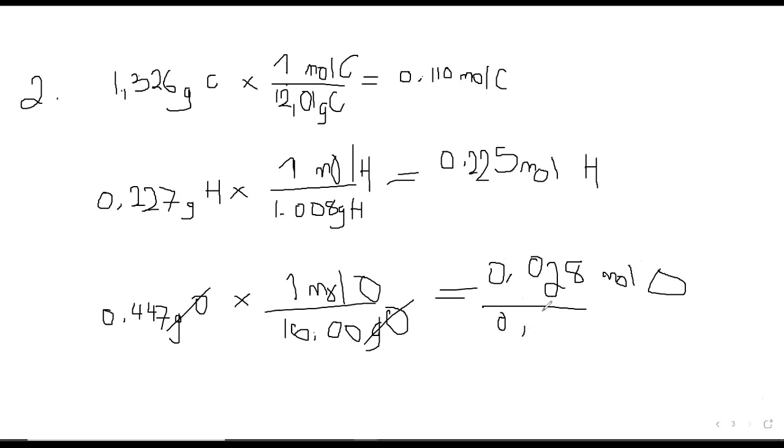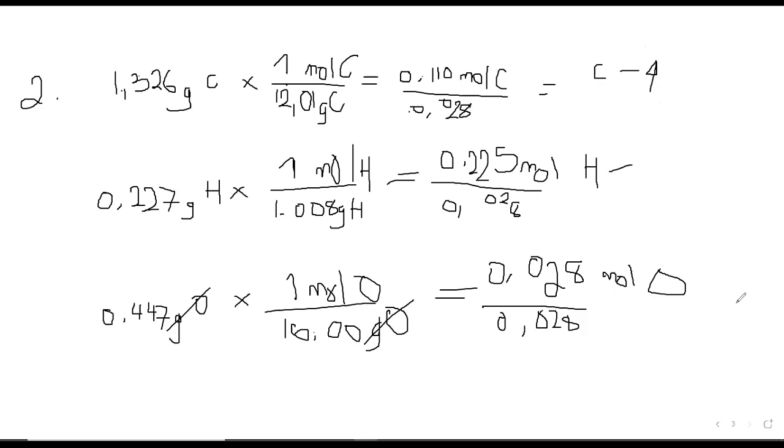So we divide all 3 of them by that to give us our final values. 0.110 divided by that gives a value of 4.